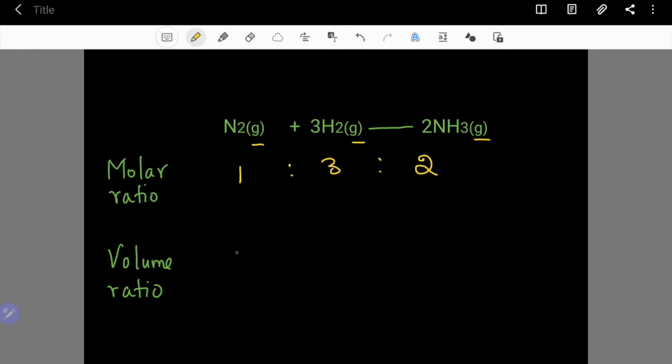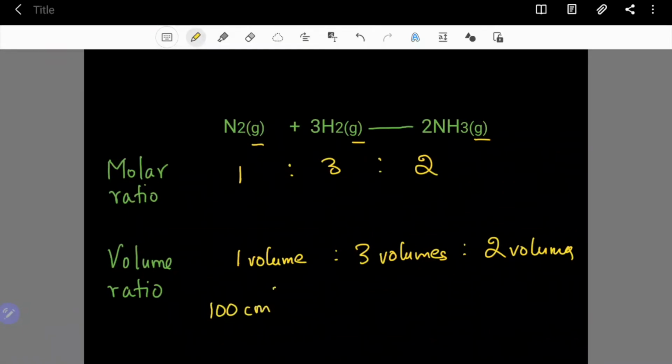That is, 1 volume of nitrogen will react with 3 volumes of hydrogen to give 2 volumes of ammonia. Now, when we say volume, the unit could be either centimeter cube, decimeter cube, or meter cube. Say, for example, 100 centimeter cube of nitrogen will react with 300 centimeter cube of hydrogen to give you 200 centimeter cube of ammonia.